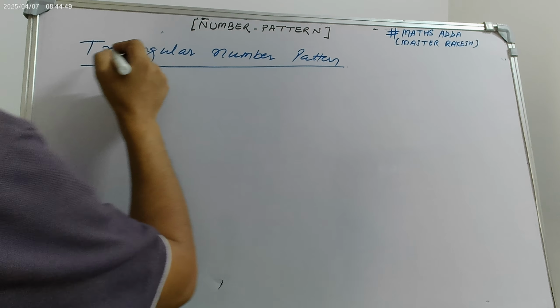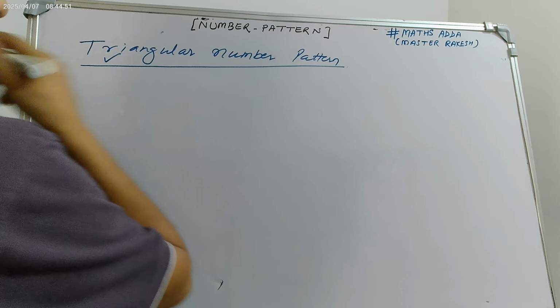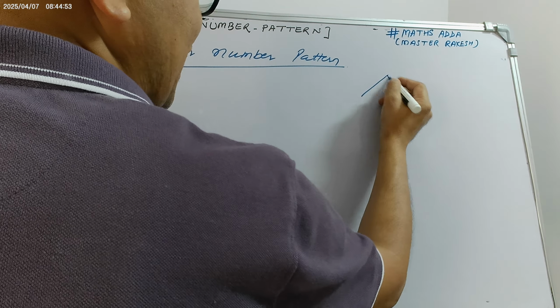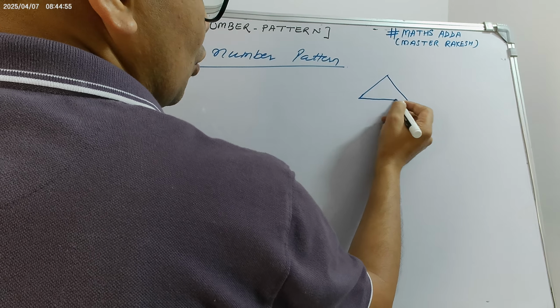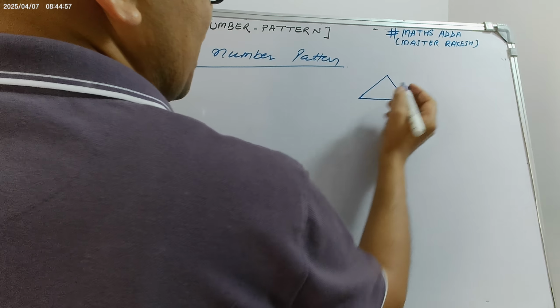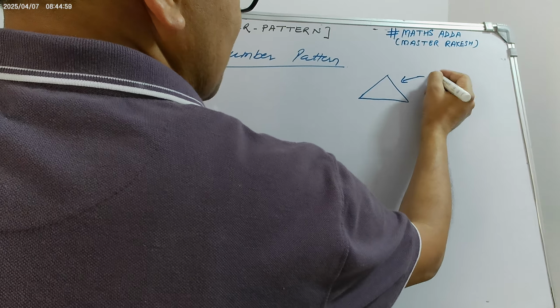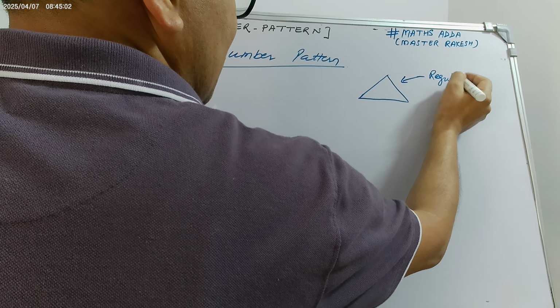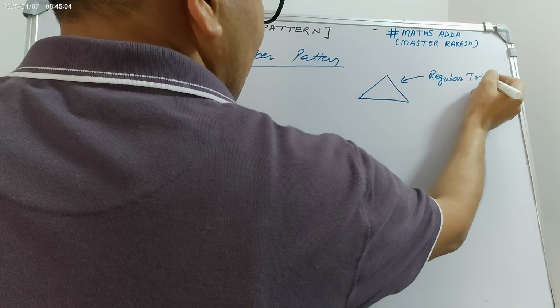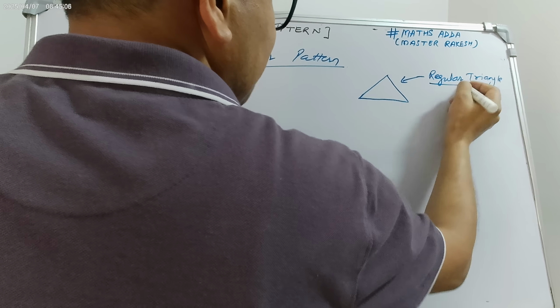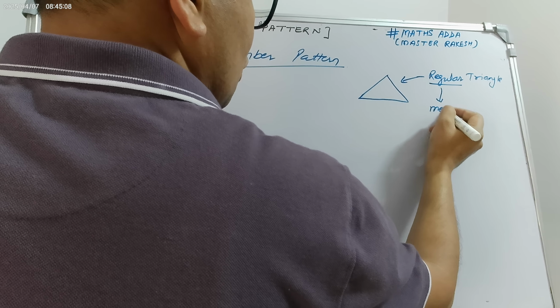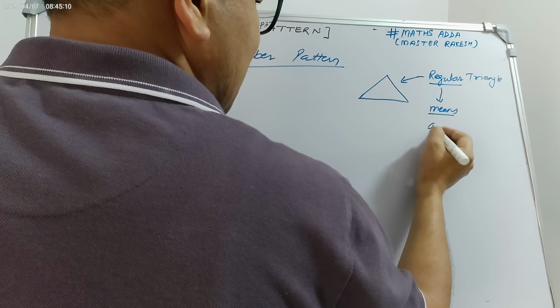So triangular, as you are getting from the name here, means triangle. We always talk about the regular triangle. What does regular mean? Regular means all sides equal.